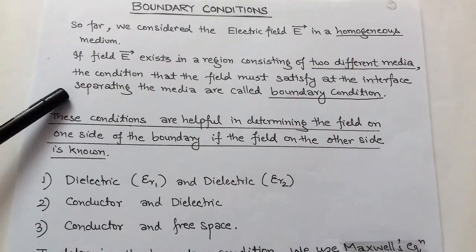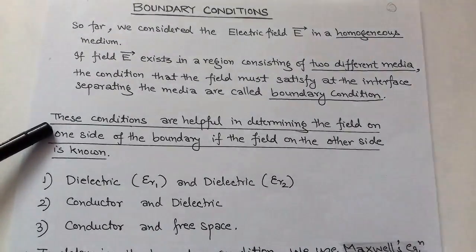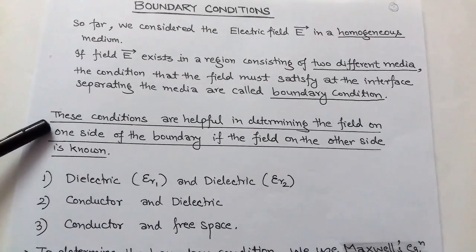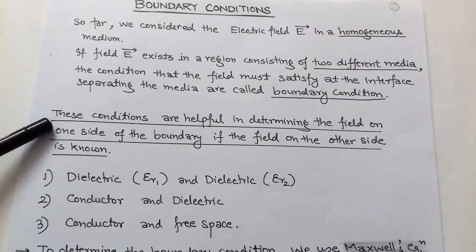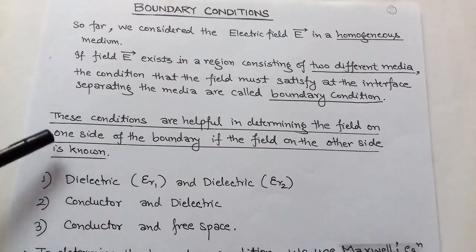Now these conditions are very helpful in determining the fields. Fields may be the electric field E vector and the electric flux density D vector.